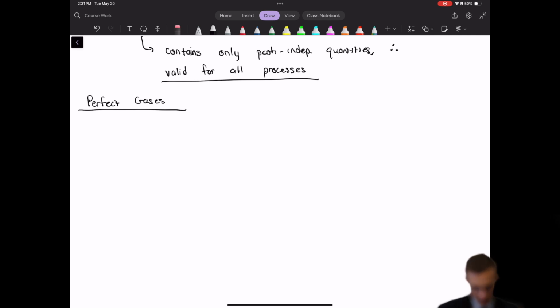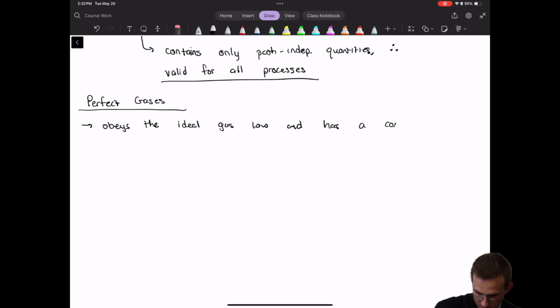So, perfect gases. Okay, let's define this. A perfect gas is something that obeys the ideal gas law and has a constant specific heat. So what does that mean?